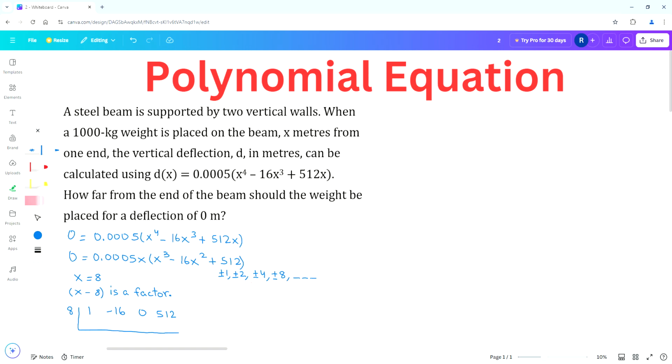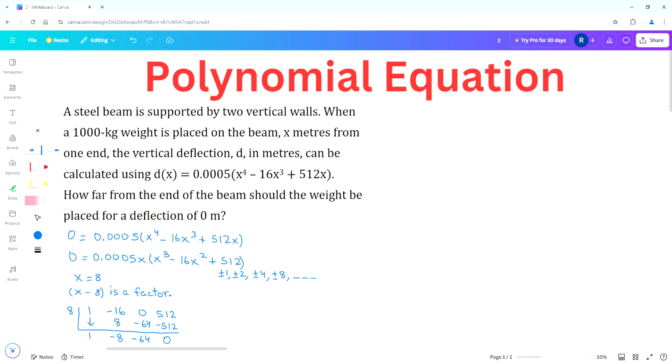Now we can start the synthetic division. We start by bringing the 1 down. 8 times 1 is 8. Negative 16 plus 8 is negative 8. 8 times negative 8 is negative 64. 0 plus negative 64 is negative 64. 8 times negative 64 is negative 512. 512 plus negative 512 is equal to 0.